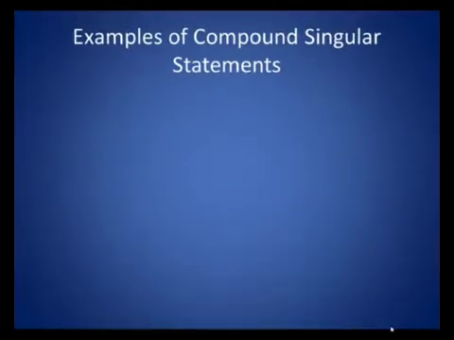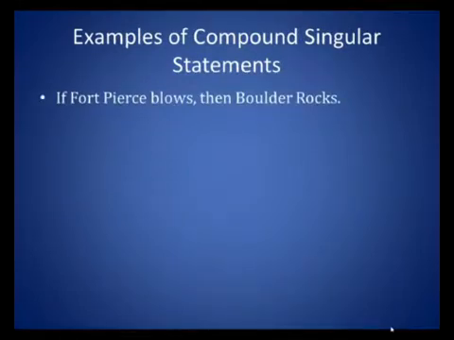Now, what we can do is we can take some of our operators that we become familiar with, and we can make more complex singular statements. So for instance, if Fort Pierce blows, then Boulder rocks. We would translate that this way, right?